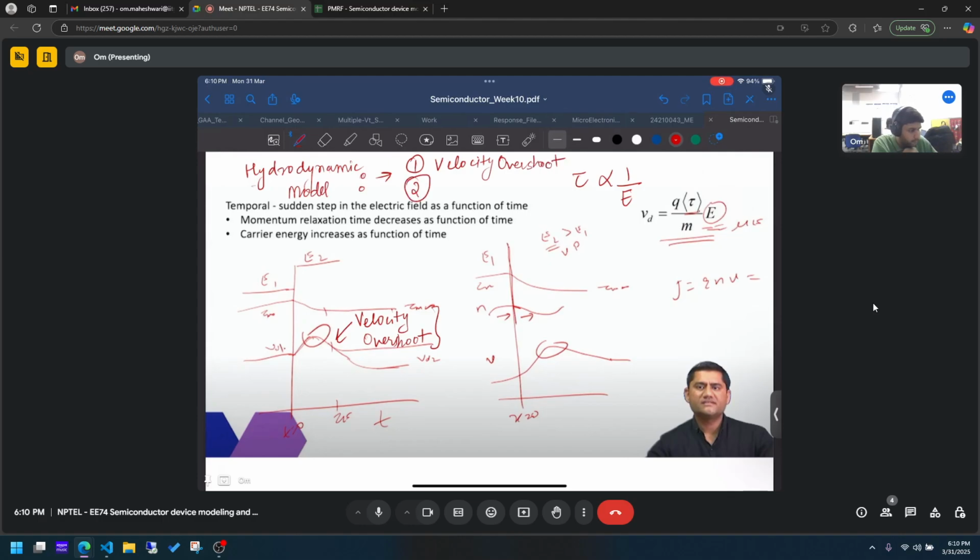Second is the carrier temperature. So these two things are captured by the hydrodynamic model.